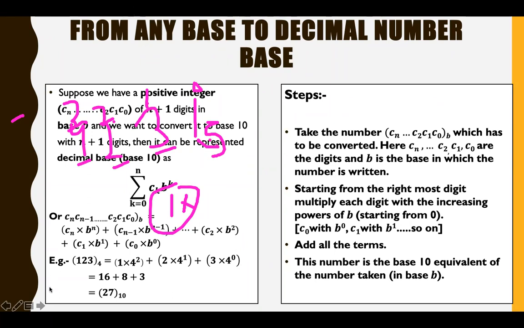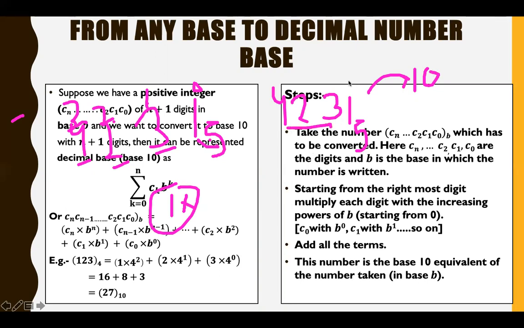Any problem in this conversion? Suppose you have any number, here we have 4, 2, 3, 1, and this is in base 5. We have to convert it to base 10.